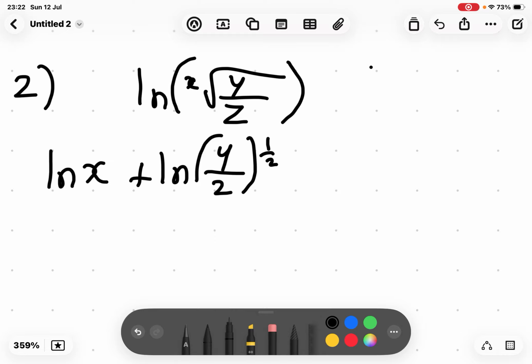I don't understand why he was able to move the X. Okay, let's say he... Okay, no, I don't understand why he was able to move the X.